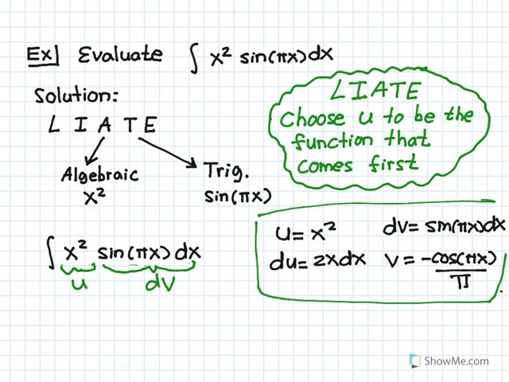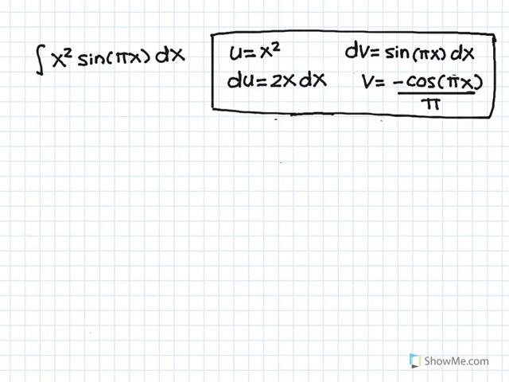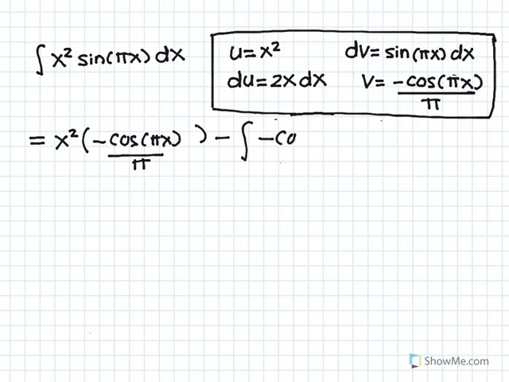All right, so what we have is the integral of x squared sine pi x dx, u times v, that's going to be equal to u times v, that's x squared times minus cos of pi x divided by pi, minus the integral of v, minus cos of pi x divided by pi, times du, that's 2x dx.